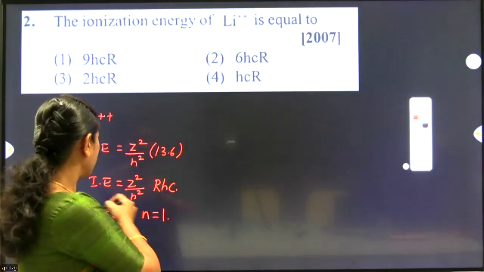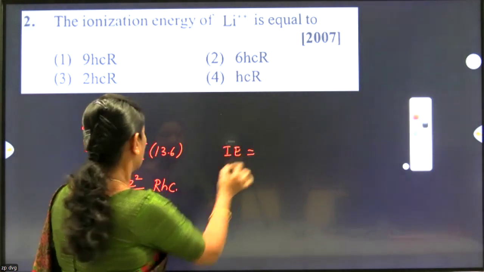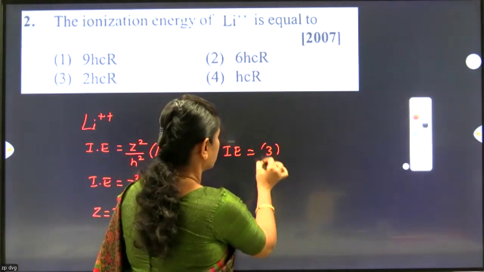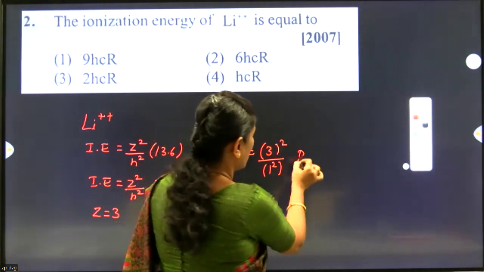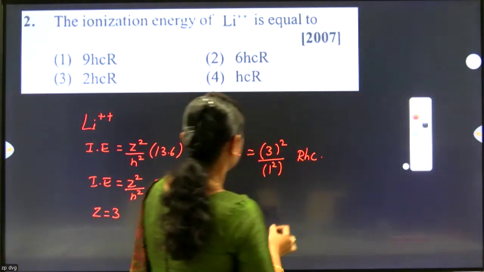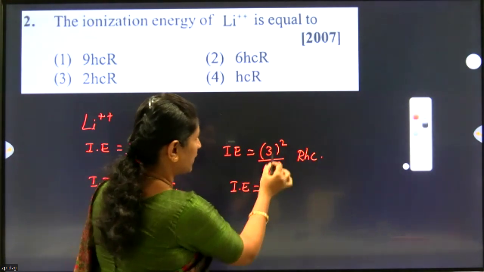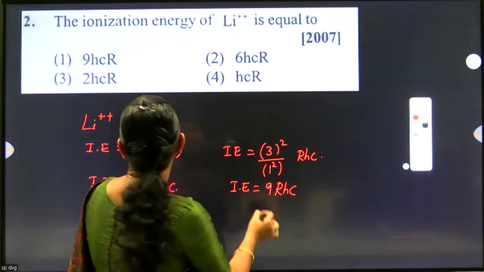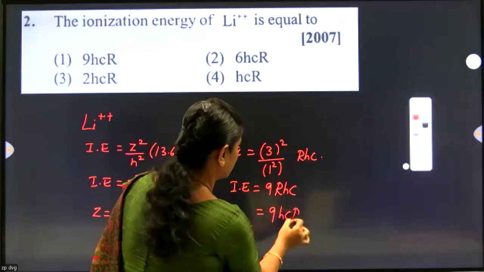By substituting these values, we get IE is equal to 3 square by 1 square into RHC. Here, ionization energy is equal to 9 RHC.